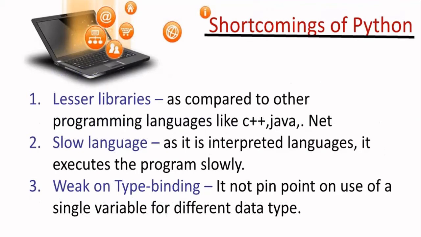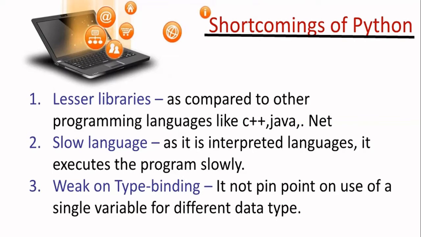Okay. It is a slow language because it is an interpreted language. That means each and every line will get executed line by line every time you run the program. Whereas in Java and C++, once you compile it and it is error free, then the program file is made and you can easily run the program file directly without compiling the code again and again and again.